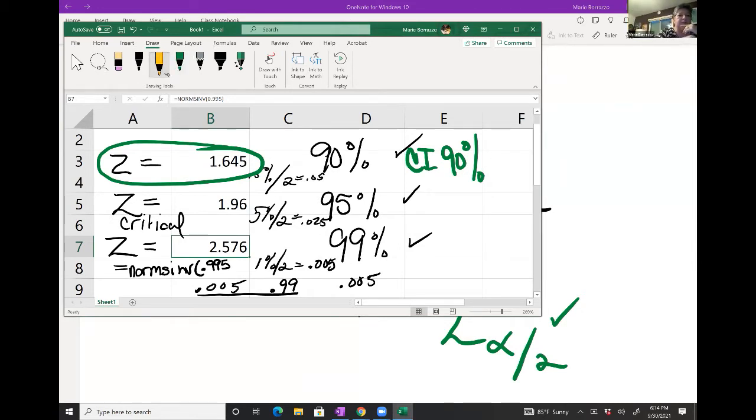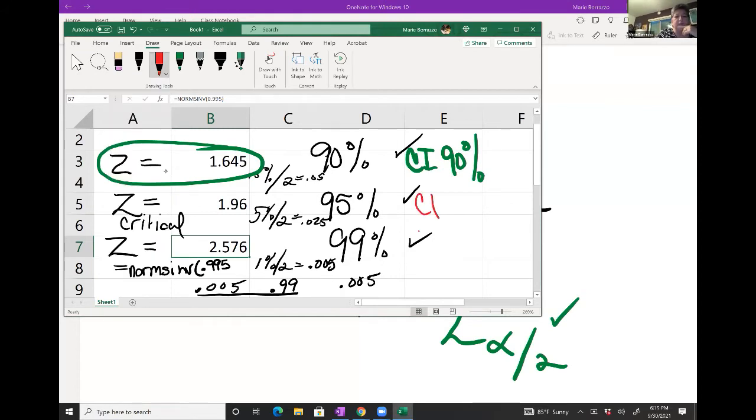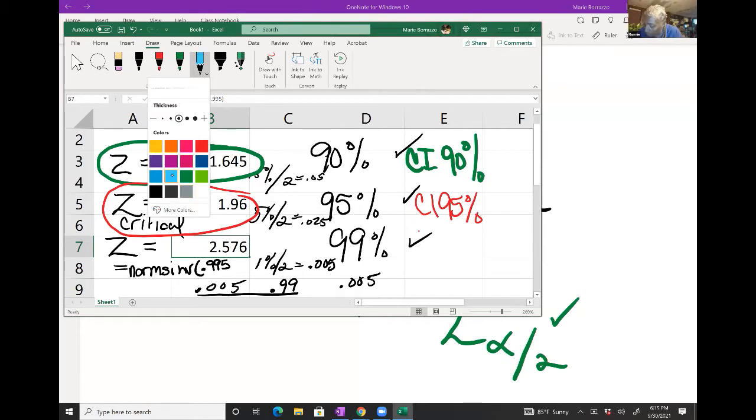And if instead the confidence interval is 95%, we are going to focus here on a Z critical of 1.96. That's never going to change. Okay, 1.96.